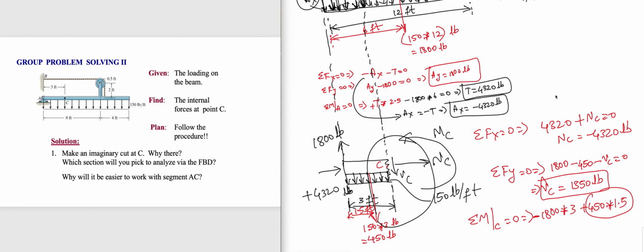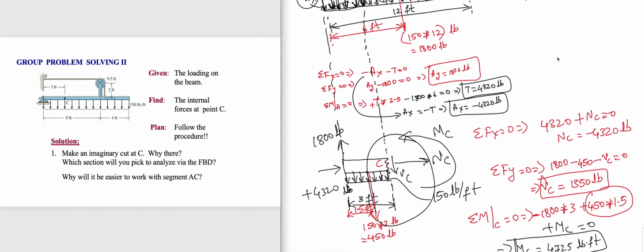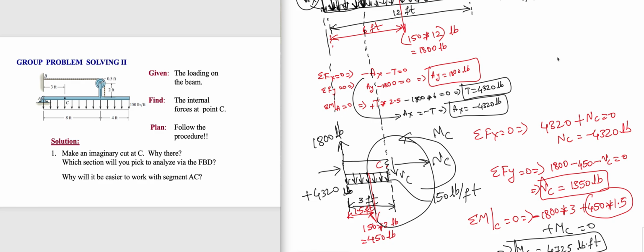And we have Mc, which we already assumed is counterclockwise, equal to 0. So Mc would be 1800 times 3 minus 450 times 1.5. I got 4725 pound feet.